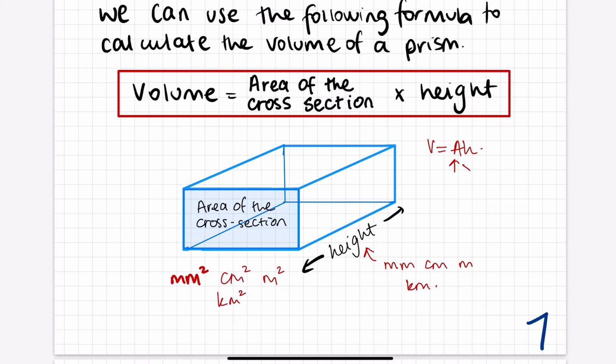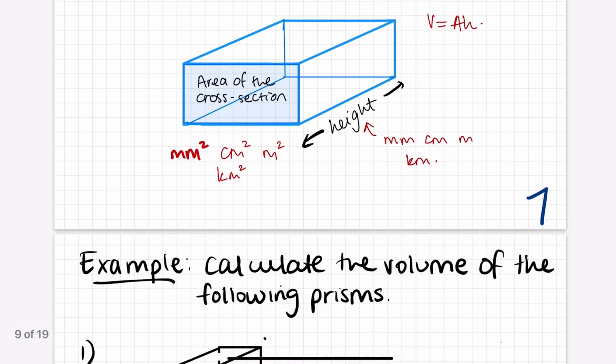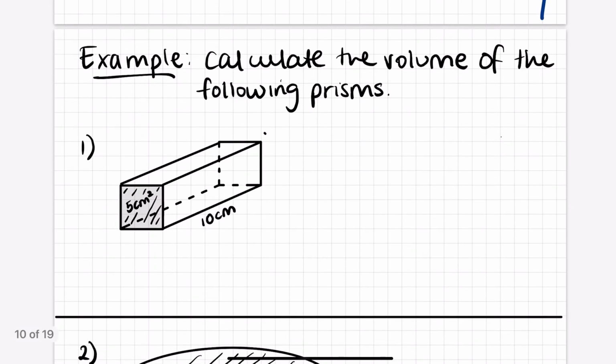Okay, so let's have a go at doing this. Calculate the volume of the following prisms. Okay, so here we have a square looking prism, but it doesn't matter what sort of shape it makes as long as we have the area. Okay, so our volume equals area times height.